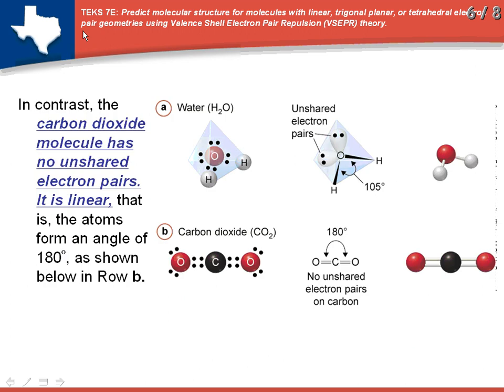Now sometimes you'll have things in a linear shape. For example, carbon dioxide is linear. When we drew the Lewis structure for carbon dioxide, it looked like this. And remember, each oxygen had two pairs of unshared electrons. Now remember, earlier in the video I said that double bonds are treated as single bonds.